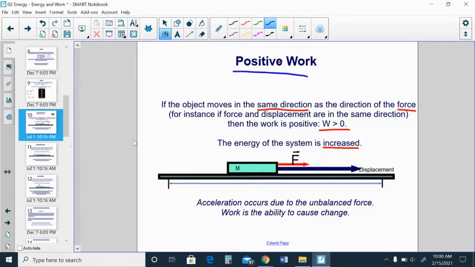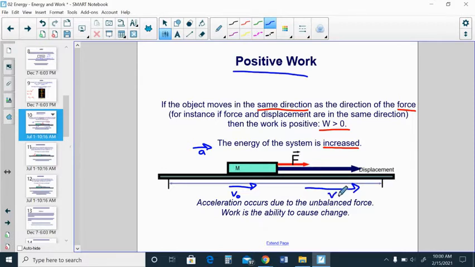First I want to mention that, what we're seeing here, since the energy would be increased in this system, work is being done. If you consider, we have an acceleration going that way. We have an initial velocity here that's less than the final velocity.